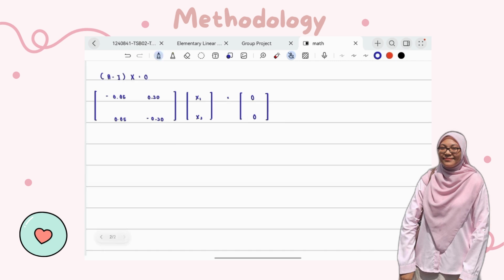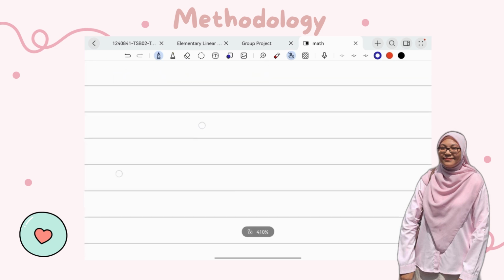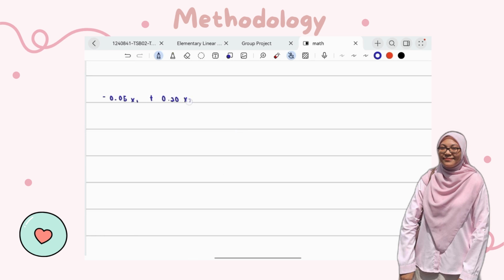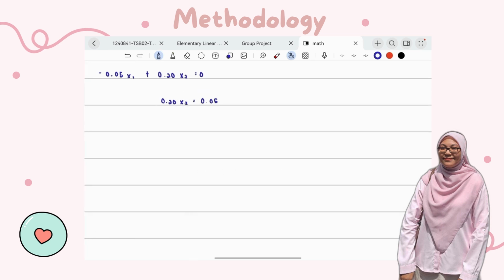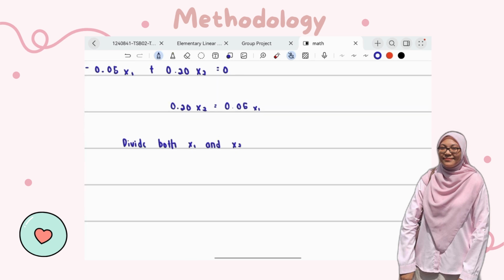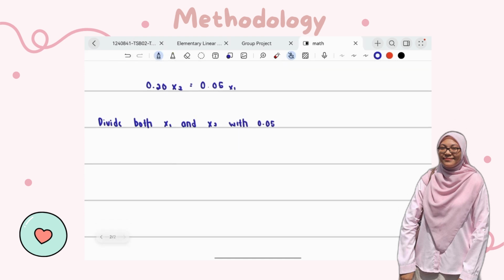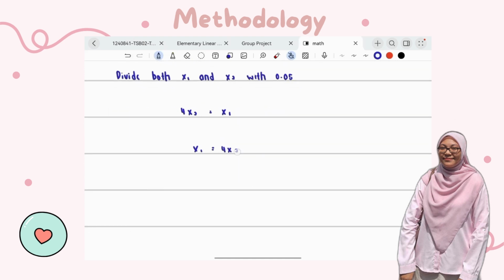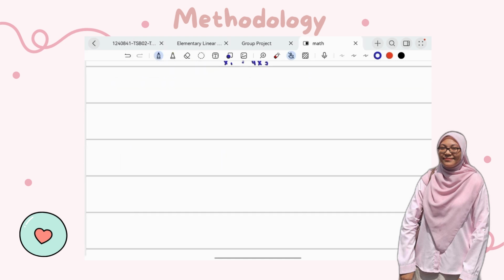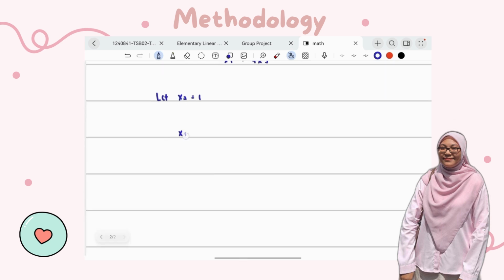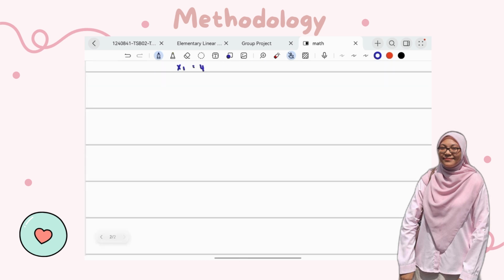Now we want to find a non-zero vector such that A minus lambda I times x equals 0. So we write the matrix equation, and we divide both x1 and x2 by 0.05. And for the final answer, we get x1 equal to vector 4, 1.